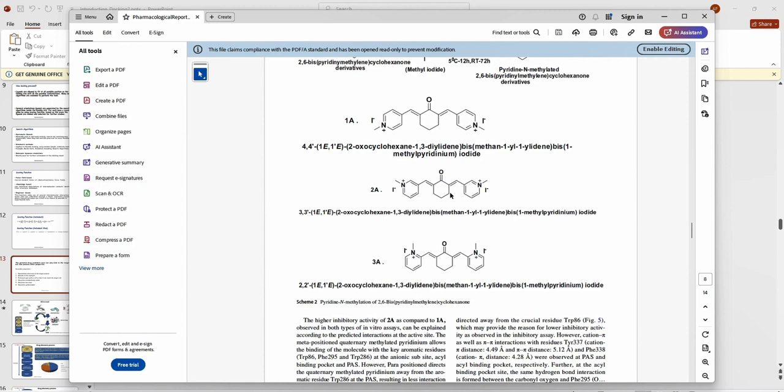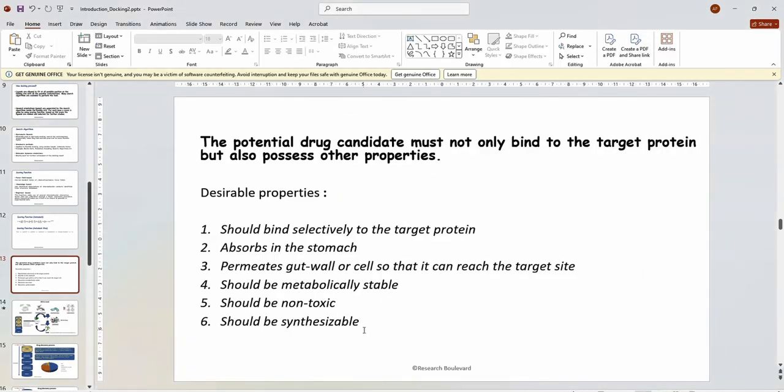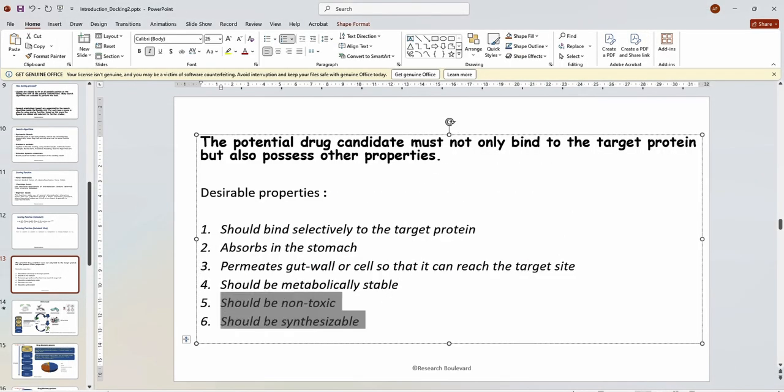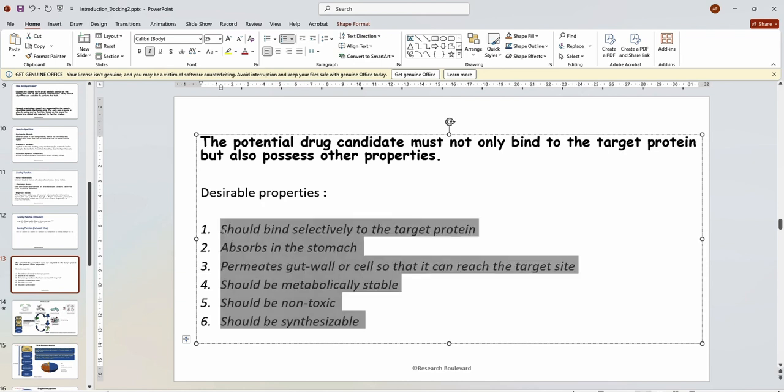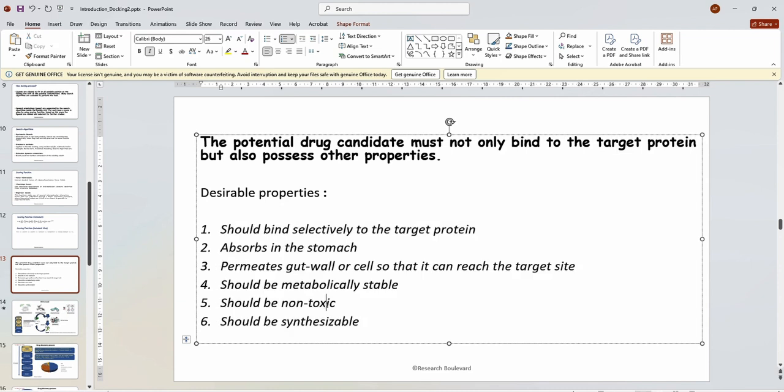These are ADMET properties, and the first and the last ones do not come under ADMET, but you should also consider these two points: it should selectively bind to the target protein, and it should be synthesizable.